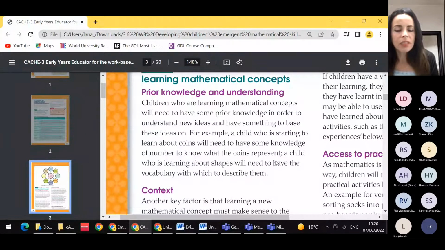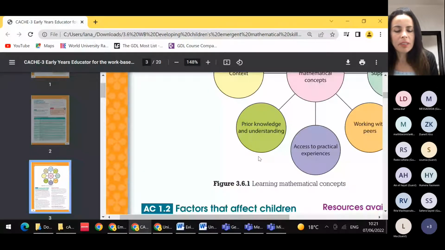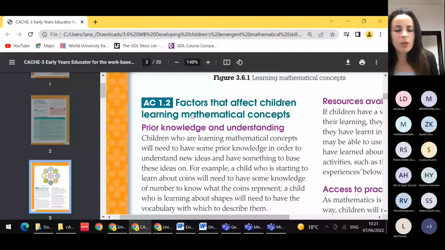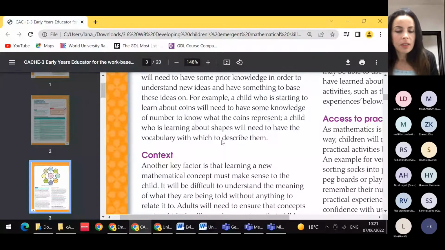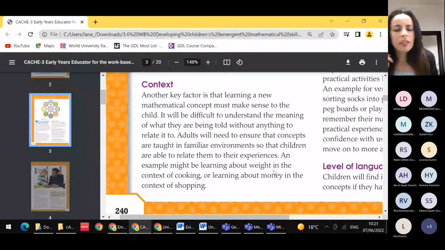The second thing which affects their learning of mathematical concepts is the context. So the context, what does it mean? It's another key factor that the children use to learn, which is the context of the thing or of the idea.